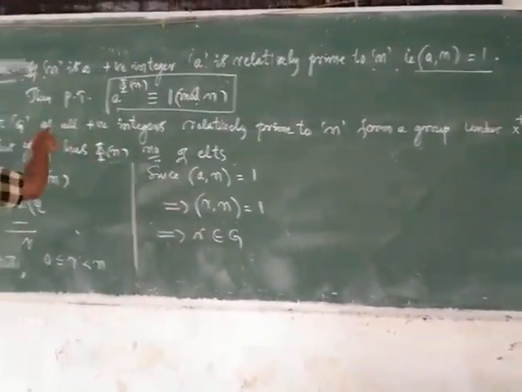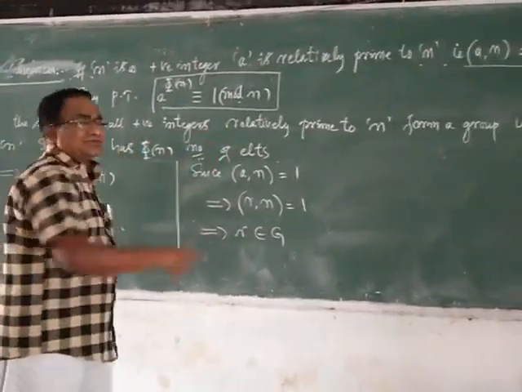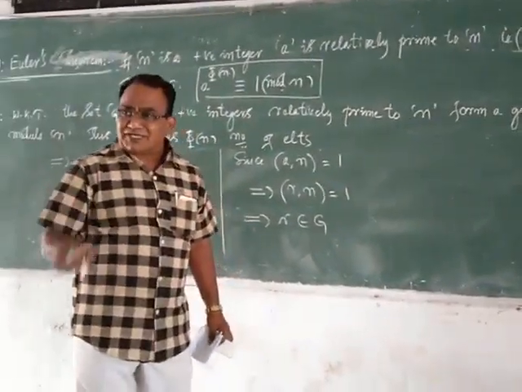And what is G here? G is the set of all positive integers relatively prime to n.